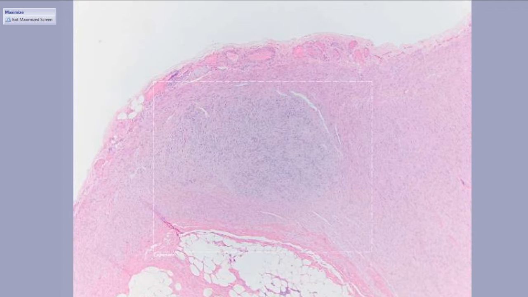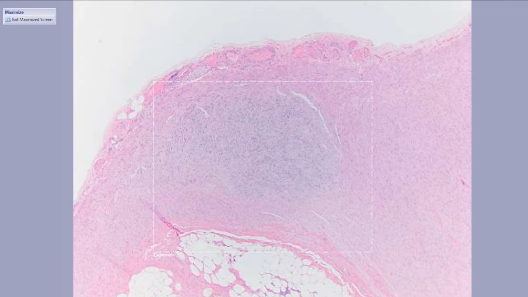GISTs in the appendix are very rare. In fact, some locations of the GI tract almost never get GISTs. That includes the esophagus, the appendix, and the colon proper. Not the rectum, they occur in the rectum, but the actual colon rarely gets them. I was fortunate to be part of a large multi-institutional study looking at GISTs in these rare locations. We submit an abstract on that to USCAP, so fingers crossed that'll be able to be presented in LA next year.